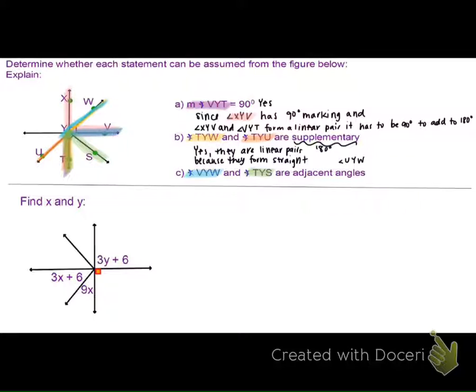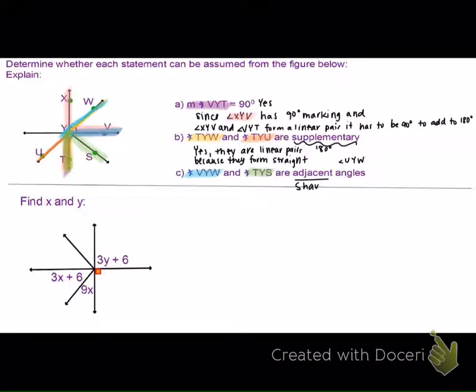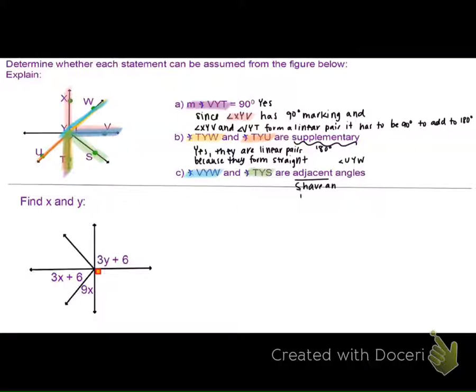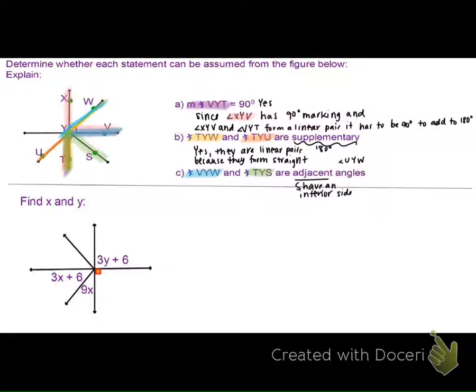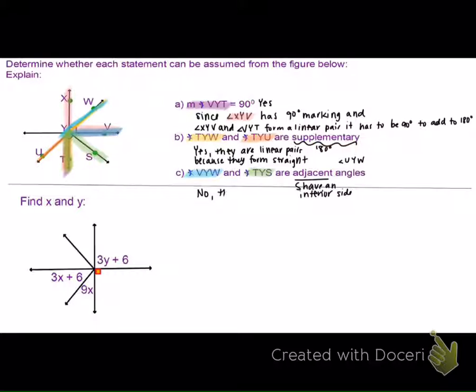So they're next to each other, share an interior side. Do they share an interior side? No. If they shared an interior side, the blue and the yellow would overlap. Do you see that the blue and the yellow are never overlapping here? That's how you know they're adjacent, that they would share that interior side, is if that blue and yellow were overlapping on the inside. So no, they do not share an interior side.